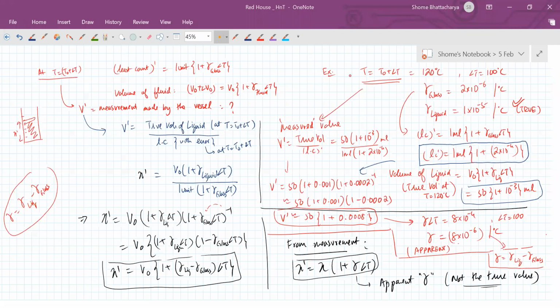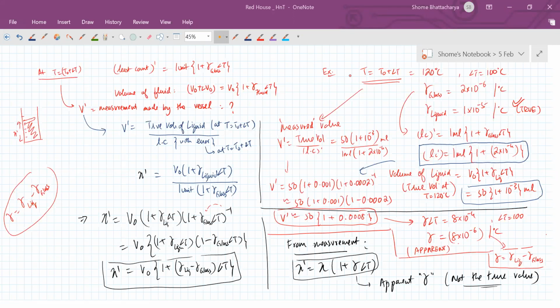So x was the value of the measurement at the correct temperature T naught, and x prime is the value of the measurement at the higher temperature T naught plus delta T. So x was basically giving you the correct volume of V naught, but now x prime is giving you the false volume because your container, its least count has got an error now because it has expanded.